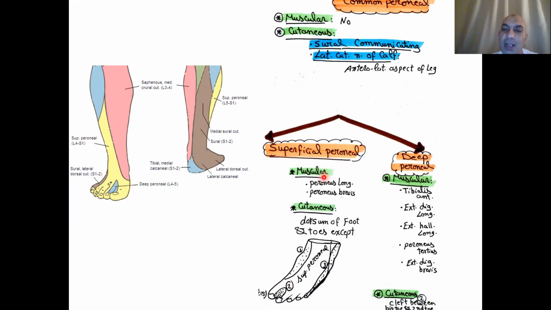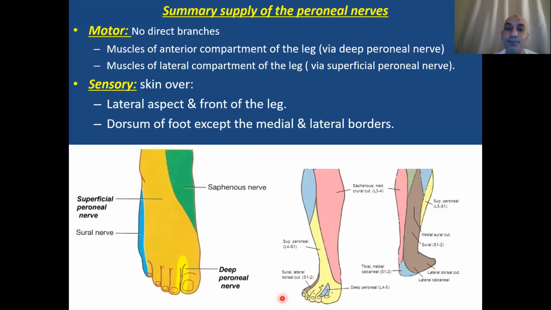Superficial peroneal supplies 2 muscles in the lateral compartment, peroneus longus, peroneus brevis, and cutaneous for the dorsum of the foot, all except the 3 areas SS and the adjacent side between big toe and the second toe.